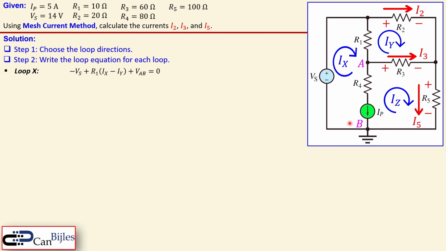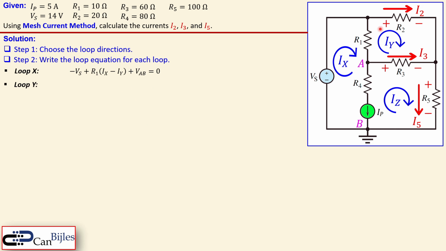And then the reason for this A and B here as the potential is that it is the potential between this node and that node. Remember, the equations here are in volts, so we have voltage plus another volt, so you need to have a potential difference here. So that's the problem with this current source here, so we need to create a voltage source or voltage potential, the potential difference here.